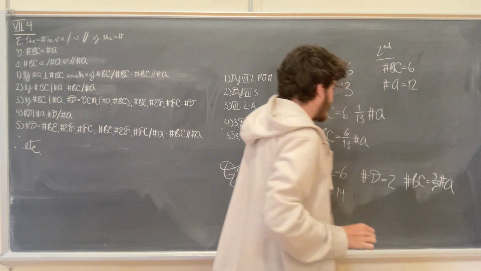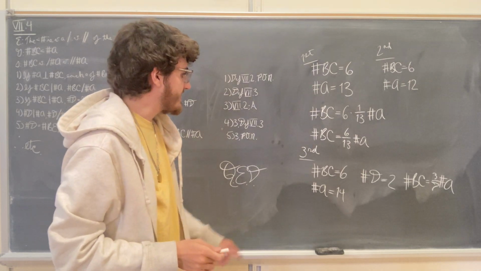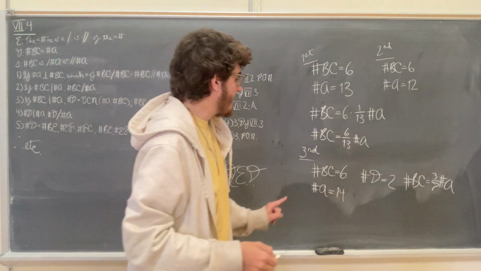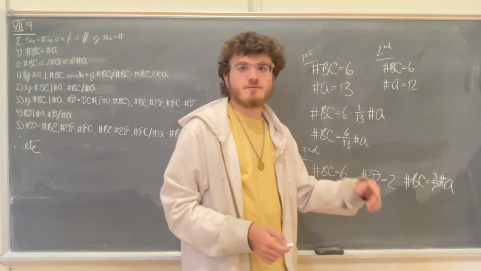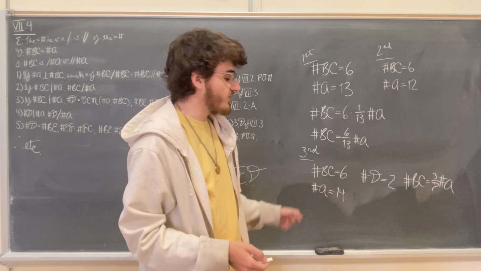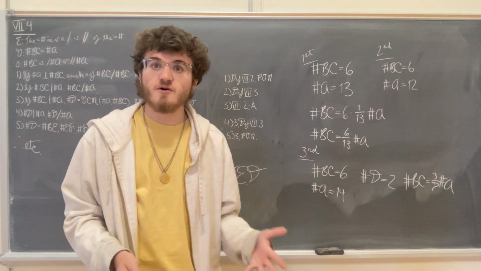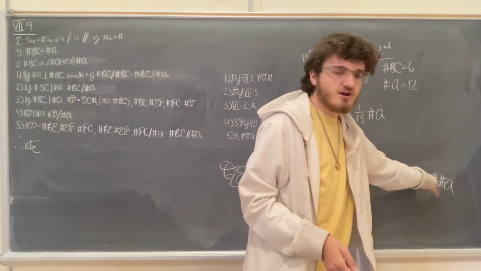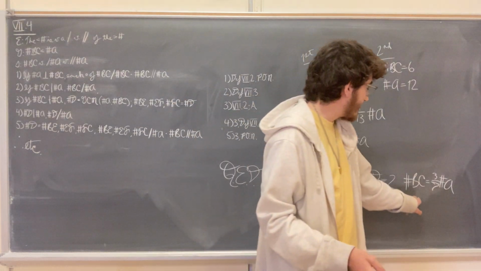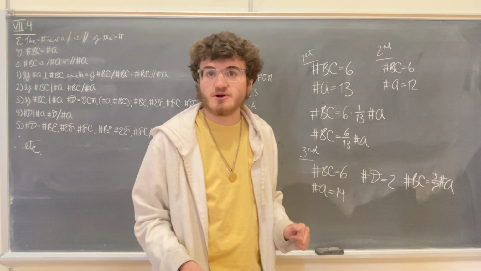Yes, it's going to be 3/7 of A, because 2 is a 7th of 14, and 3 times 2 equals 6. So 6 is going to be 3/7 of 14. Now again, this 3/7 here means that it's a proper fraction, which means that the number BC is going to be parts of the number A.